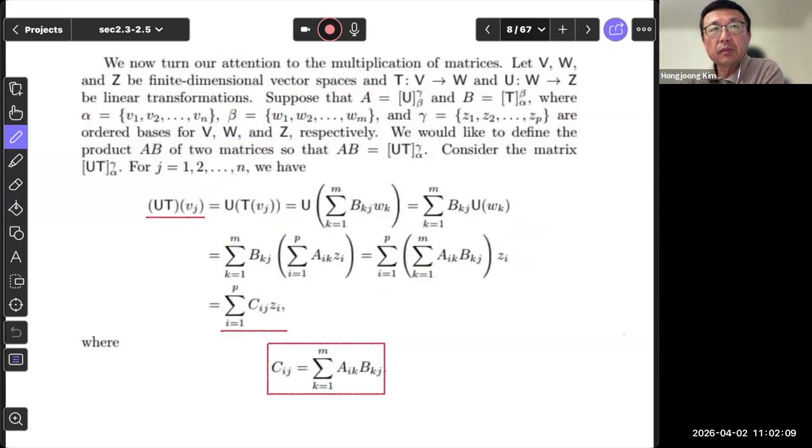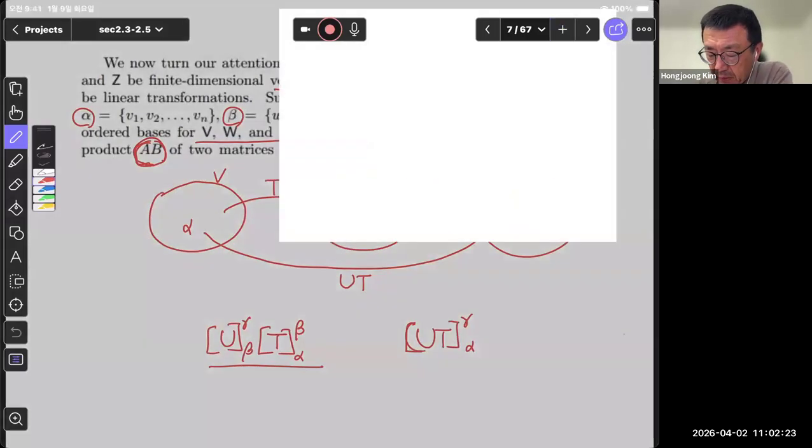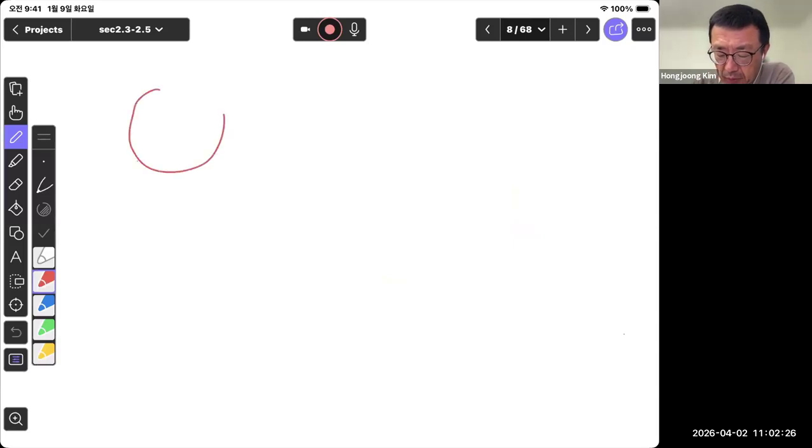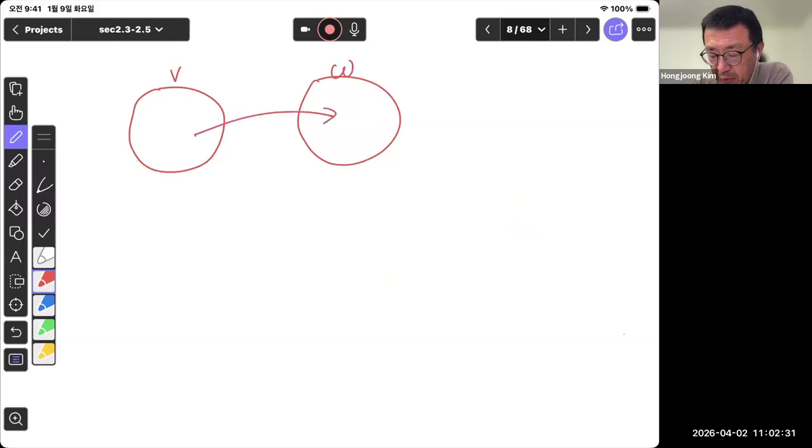So if this is the matrix representing this composite, then how do we obtain this matrix? Moments ago, if I have V and W, when I have a T, and if alpha is a basis for V and beta is a basis for W, then how can I find the matrix A to represent this mapping T with alpha and beta?